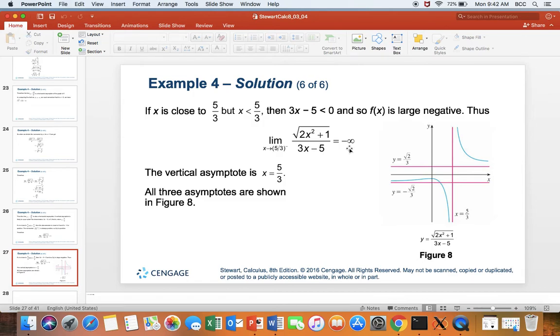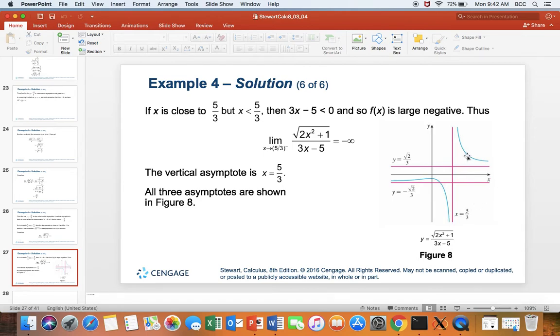This is incredible. So somewhere here is 5/3. When you approach 5/3 from the right, you're going to positive infinity. When you approach 5/3 from the left, you go to negative infinity.